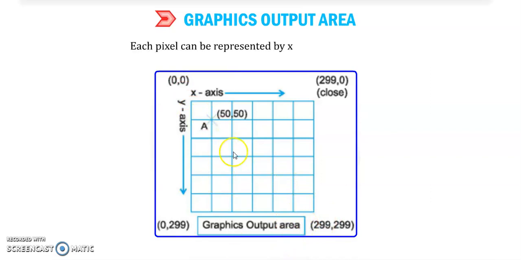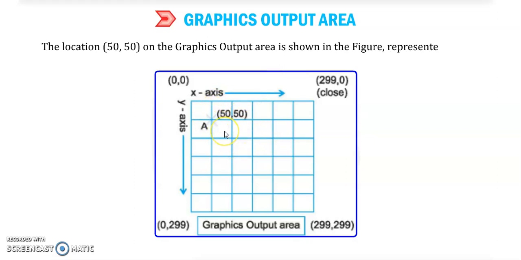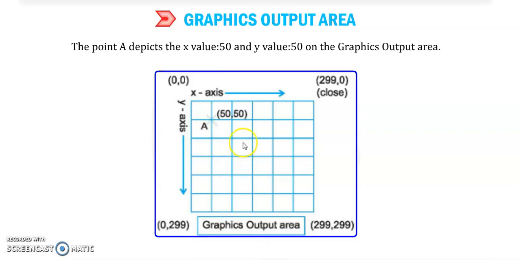Each pixel can be represented by X and Y coordinates. The location 50, 50 on the graphic output area is shown in the figure represented by A. Point A depicts the X value 50 and Y value also 50 on the graphics output area.